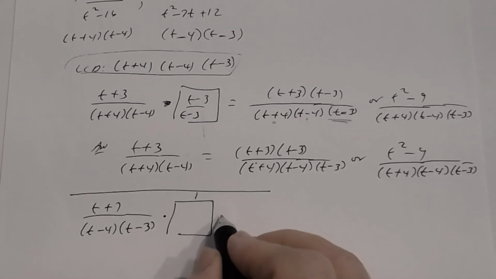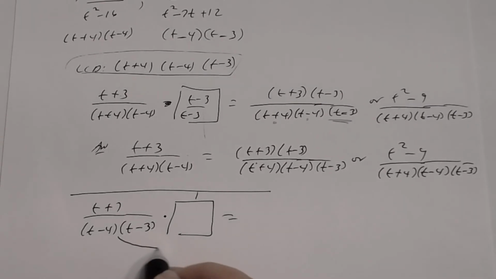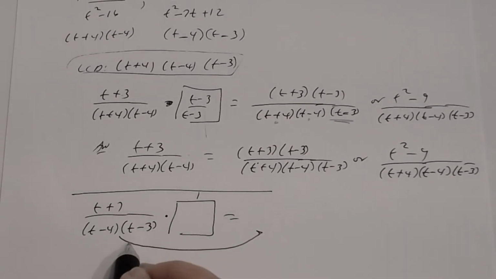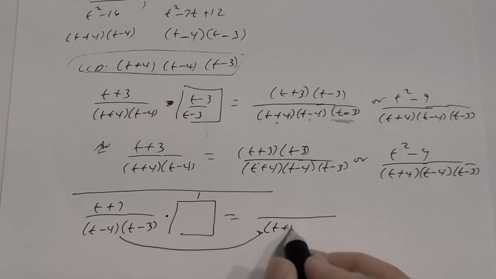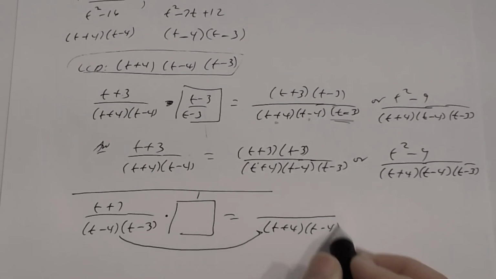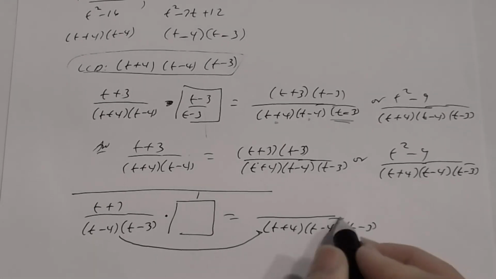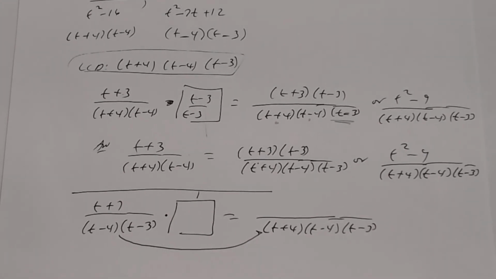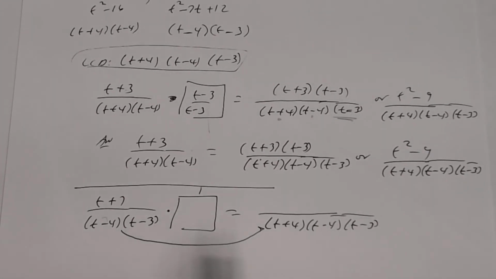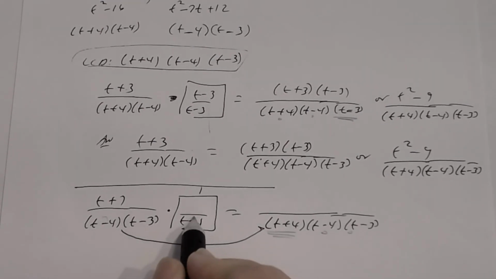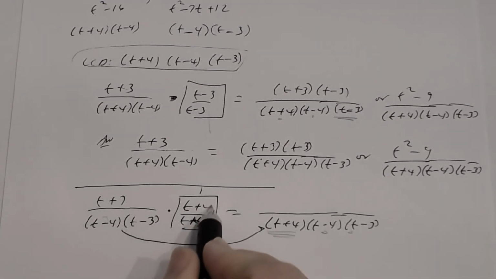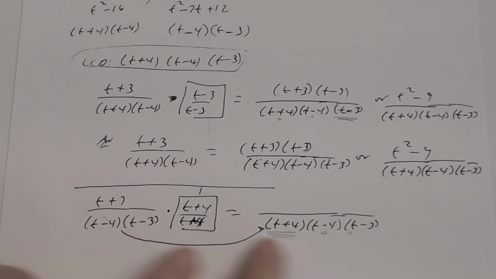And you want to find out what rational expression is equivalent to this that has this denominator: t plus 4, t minus 4, t minus 3. All right, and so notice that in this one I have the t minus 4, I have the t minus 3, so I need to multiply by t plus 4, t plus 4.